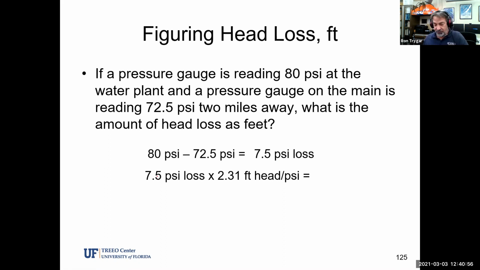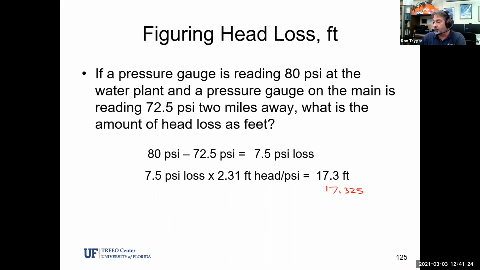So 7.5 multiplied by 2.31, and I get 17.3. I got 17.325 on my calculator, but we rounded; going up to the tenths is fine. So 17.325 feet of head loss was experienced in this pressure differential.